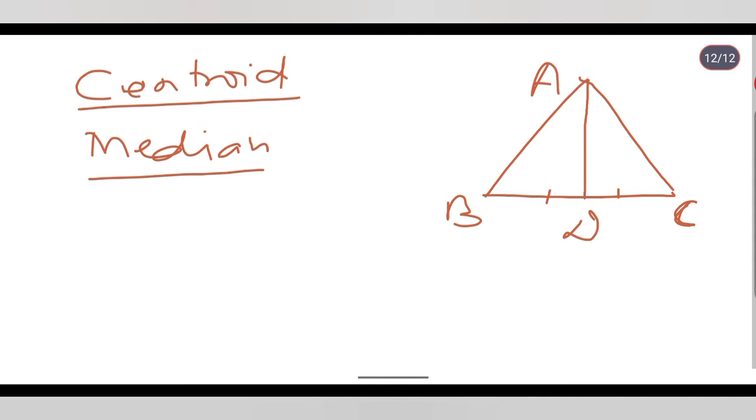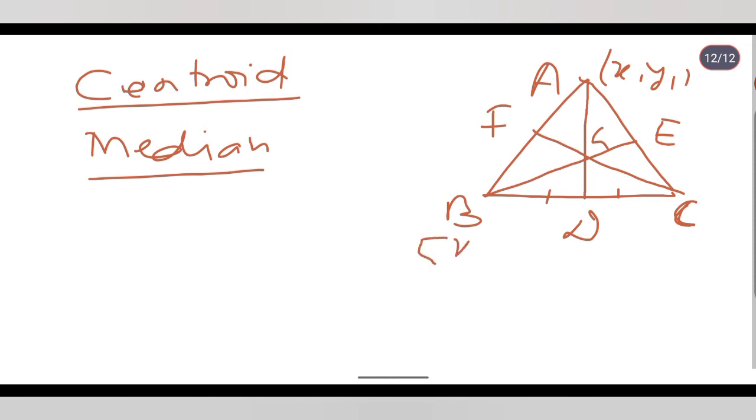Okay, so if all the medians are drawn, they intersect at a point that is called the centroid, and it is represented by G. Okay, so this is x1 y1 and this is x2 y2 and this is x3 y3.